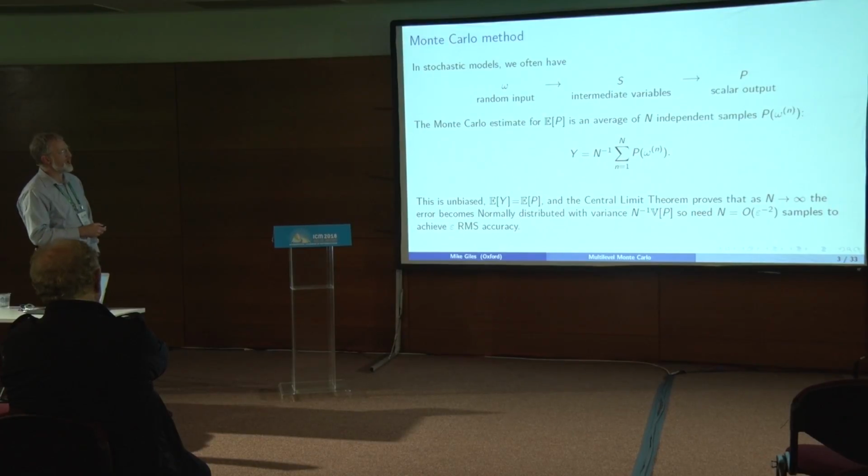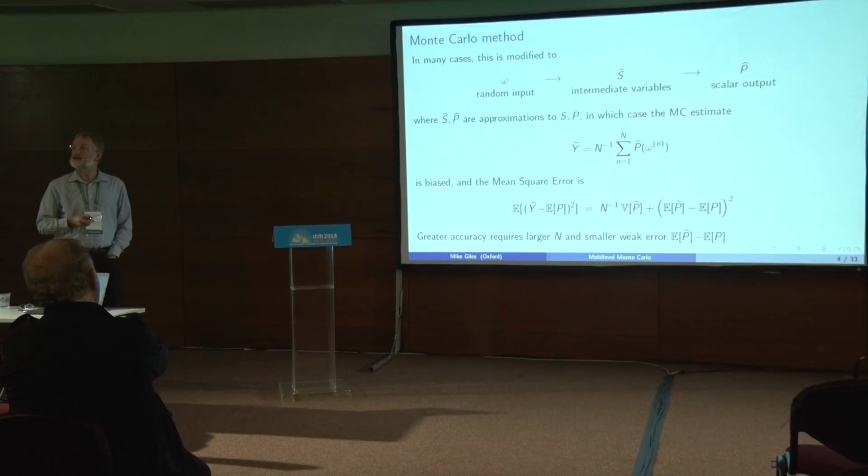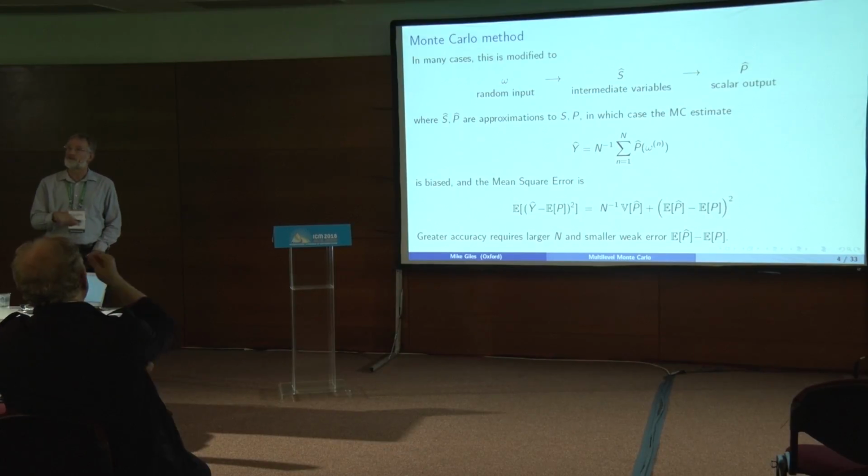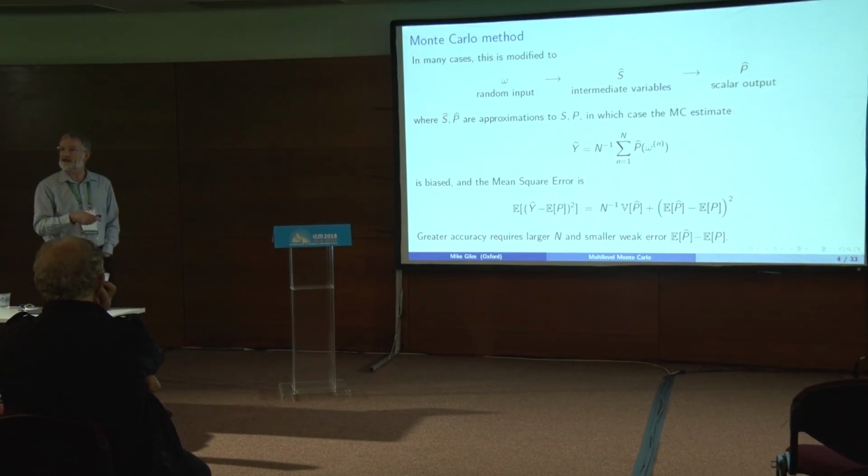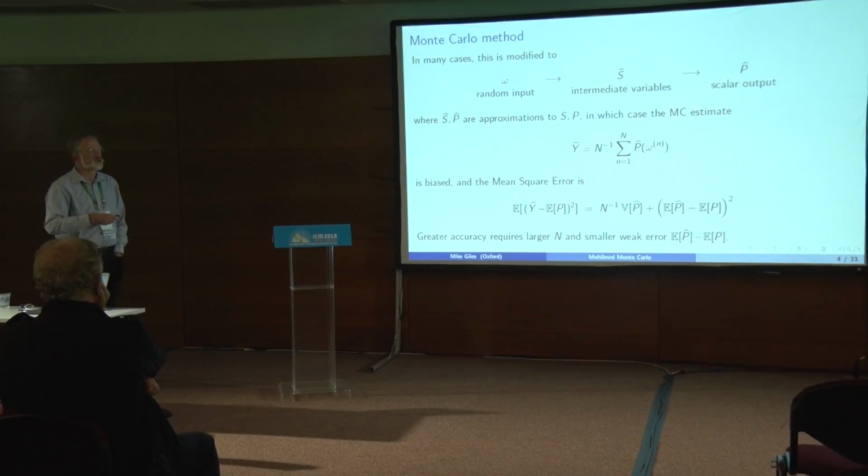Now here, we were able to exactly calculate the intermediate variables S, and therefore the scalar output P. But in many cases, it's not possible to perform that calculation exactly, particularly when we're solving an SDE or stochastic PDE. Then we have an approximation being involved in there, coming from a discretization.